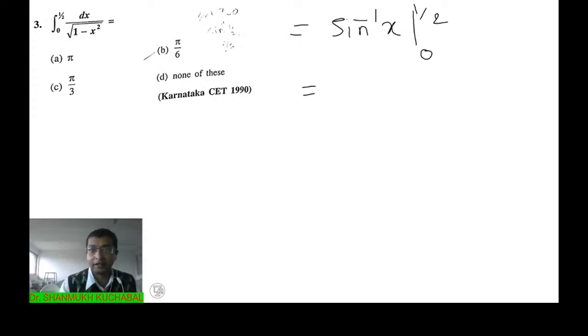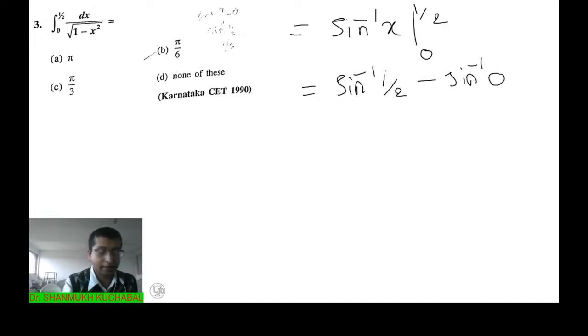Now we take the value of x equal to the upper limit 1 by 2, so we get sine inverse 1 by 2, minus sine inverse 0. Sine inverse of 1 by 2 is pi by 6, that is 30 degrees, minus 0. So we get the answer as pi by 6. Therefore option B is the right answer.